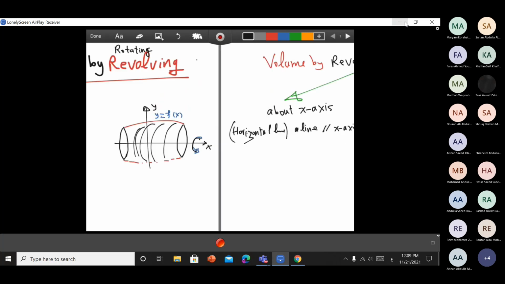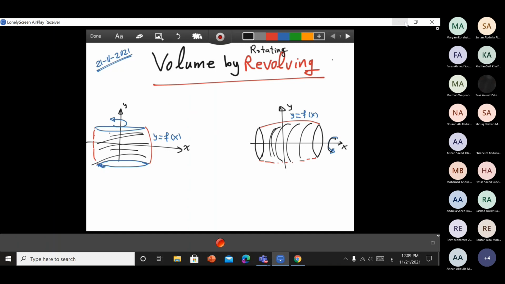So instead of revolving about x-axis, you may have a line like this one parallel to x-axis. So the line of this one is y equal to constant, right? So when you're revolving about this one, you have the shape, but the radius will be up to this line, okay? When you're revolving about a line parallel to y-axis like that, so this is a vertical line.